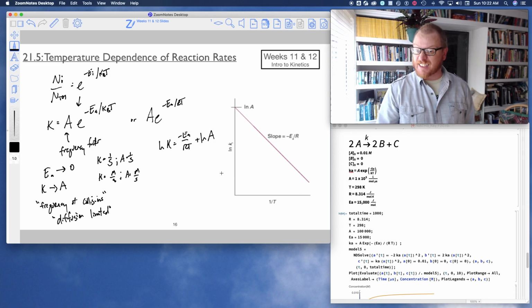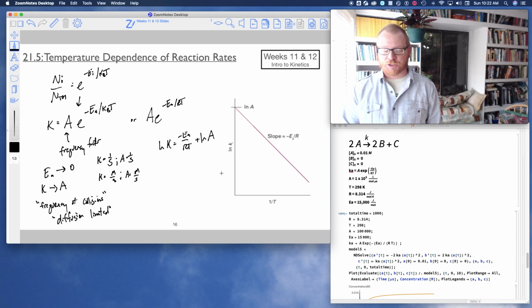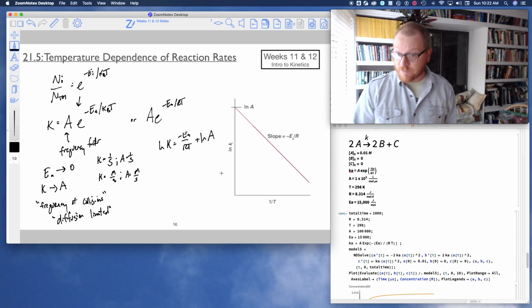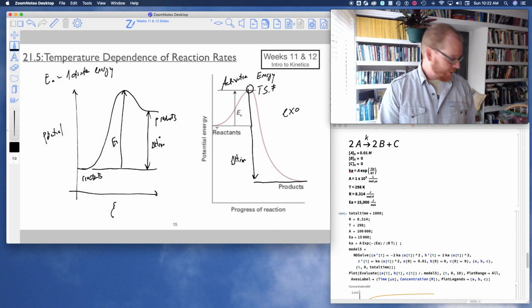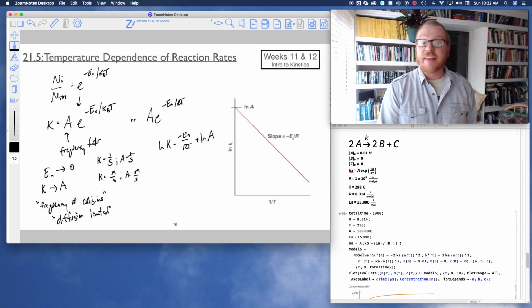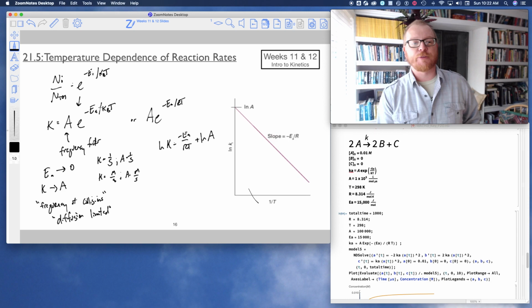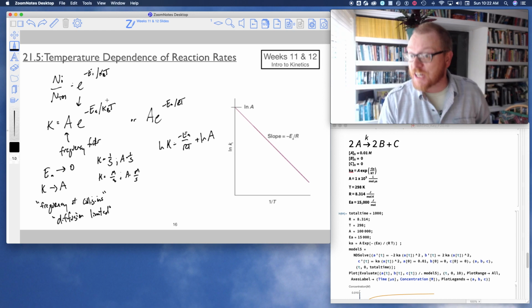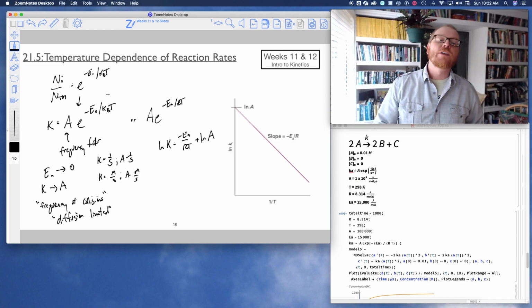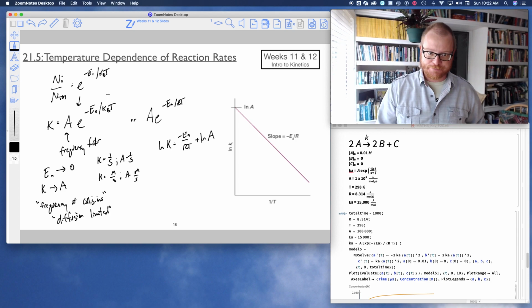If I did several different experiments where I changed the temperature, which we know will change the rate constant, the activation energy stays the same, but if we increase the temperature, we are making this exponential approach that of 0, so the reaction gets faster and faster. Okay? And also we recognize the slope will be negative EA over R.